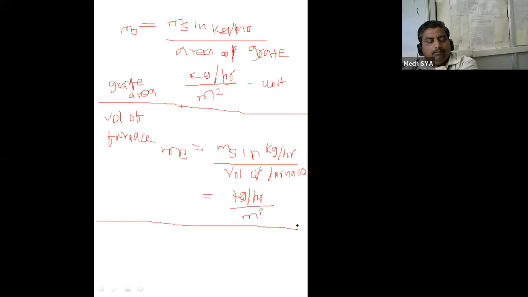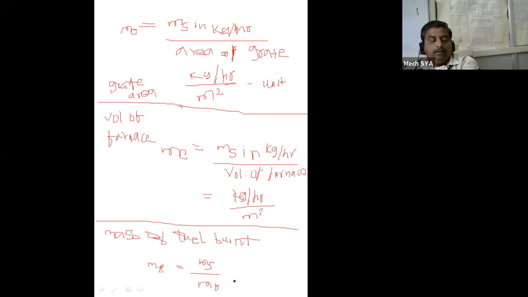Okay, and another important definition is on the basis of mass of fuel burnt. Me is equal to ms divided by mf, both in kg per hour.